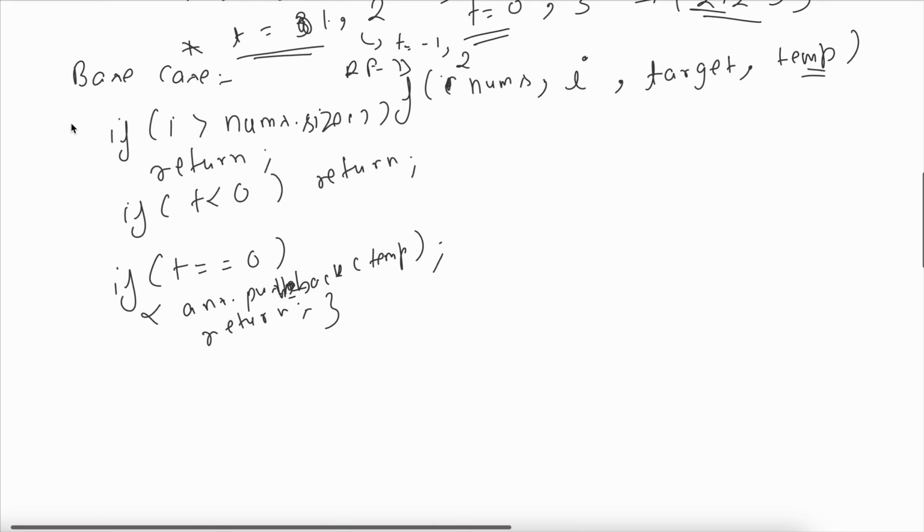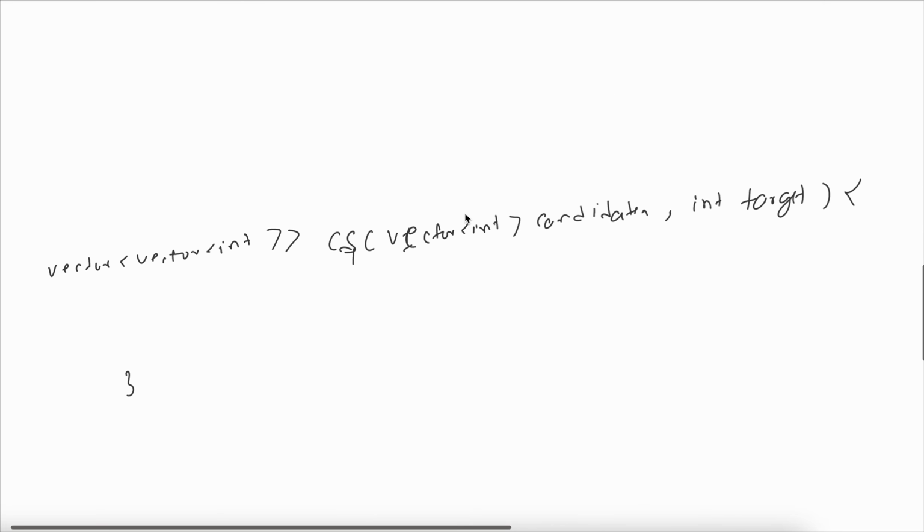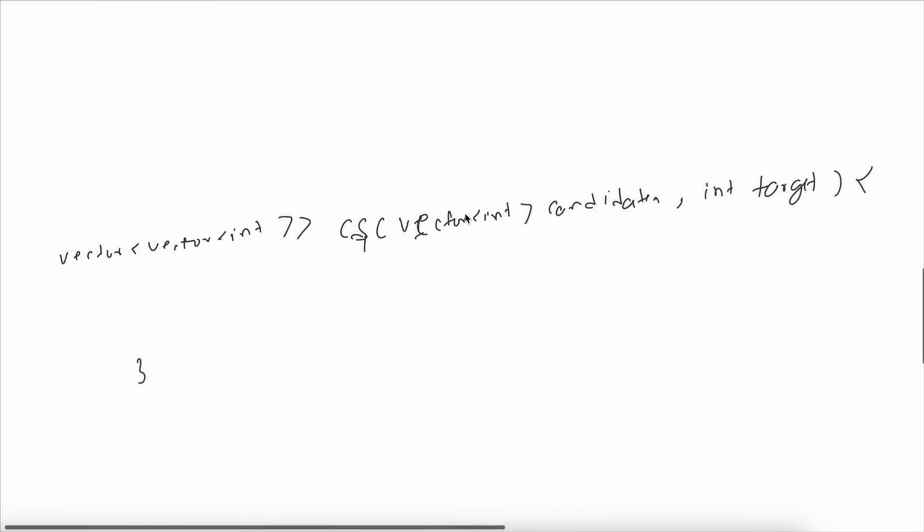We can include all the base cases, just you can see this. This was our base case, these three. We will use this. So this is our main function. What things will we need in the start? We will need a vector of int, which is our container to store our answer.